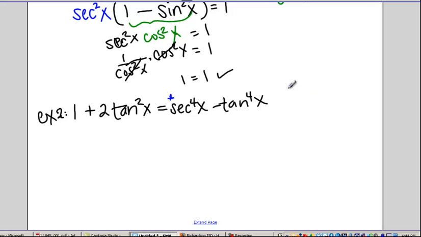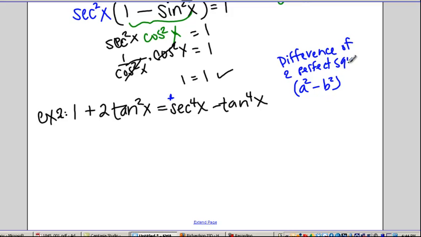Okay, this is going to bring you back to algebra right here, or Algebra 2. These two terms, secant to the fourth power and tangent to the fourth power, are a difference of two perfect squares.